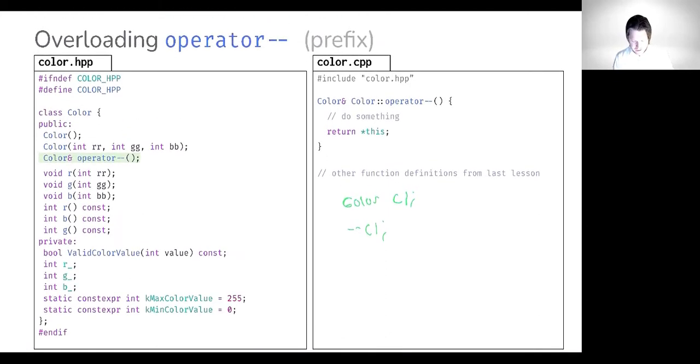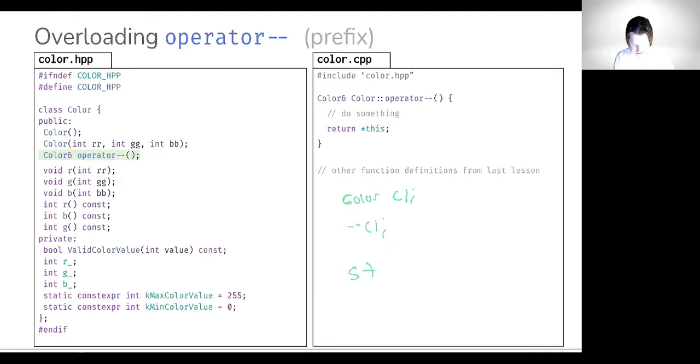Interestingly, let's look at this. If I write something like std cout negative C1, whatever that does, the value that's going to be output is going to be the result of decrementing C1, okay?